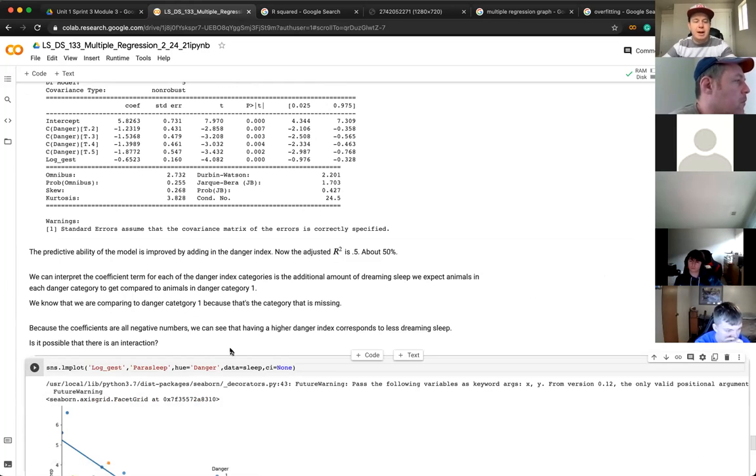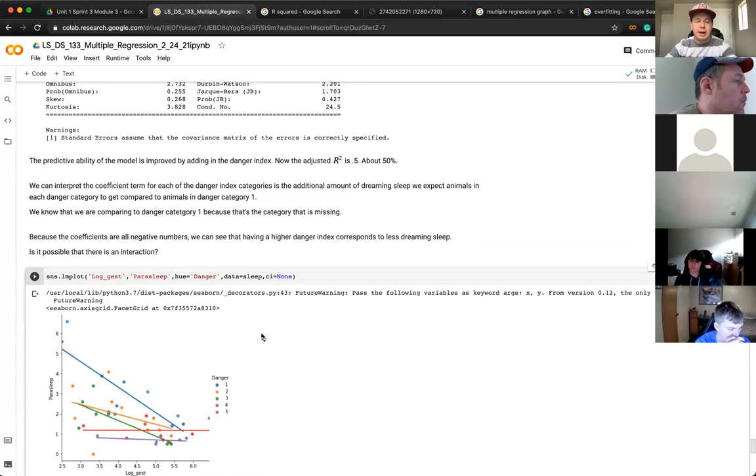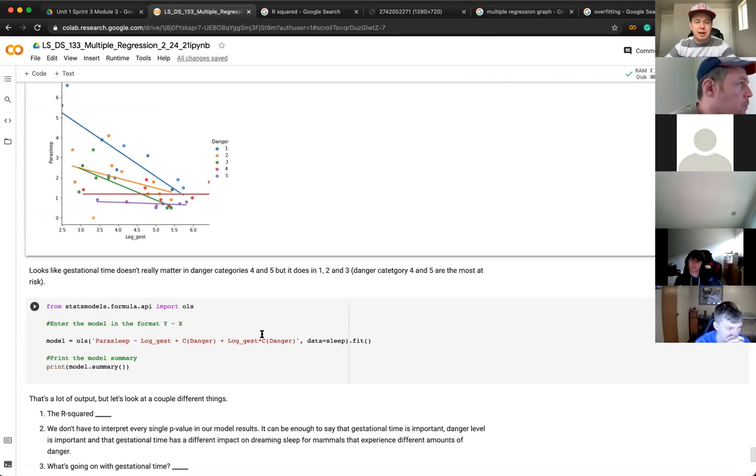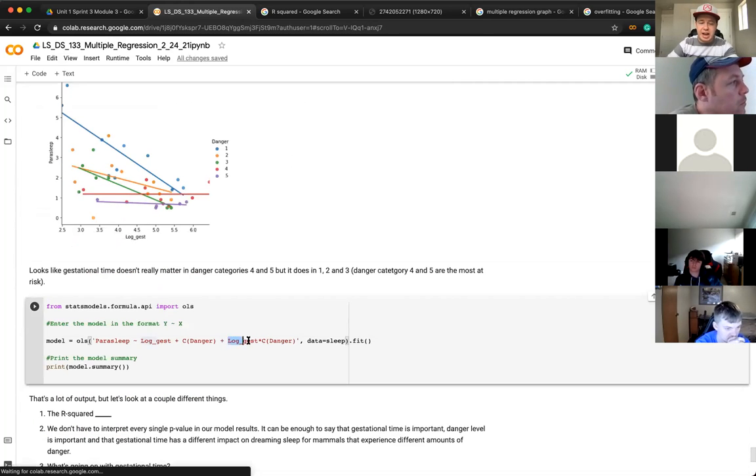Okay. Now we ask ourselves, is it possible that there's an interaction? Is it possible that gestational time and danger levels influence one another, right? If you have a long gestation time, but you're in a danger level, is that going to act differently than if you had a short gestational time and were in a certain danger level, right?